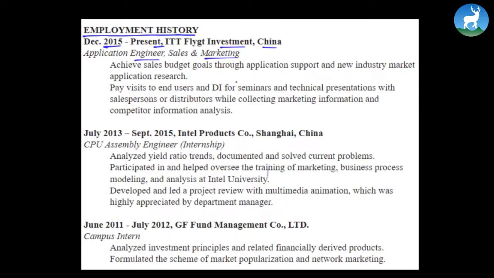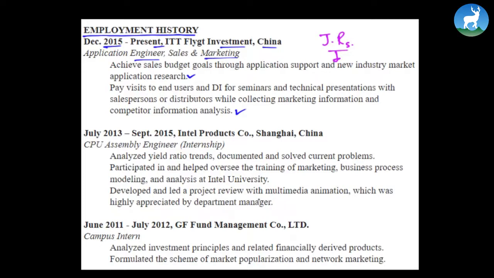And he achieves sales budget goals through application support and new industry market application research, paying visits to end users and doing seminars and technical presentations with salespersons or distributors while collecting marketing information and competitor information analysis. So these are his job responsibilities. What are they? They are his job responsibilities, correct? So these are all his job responsibilities.